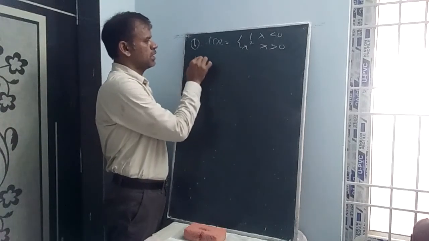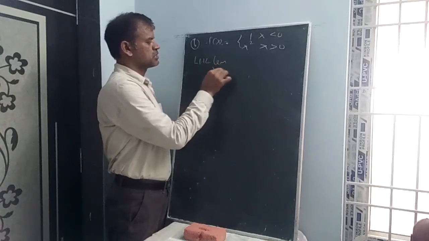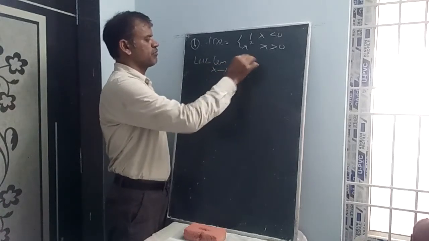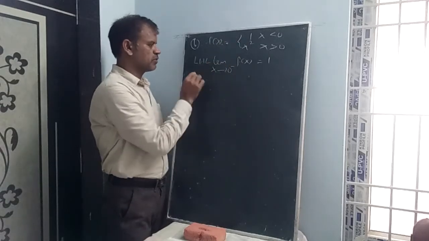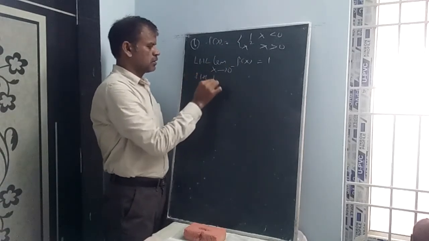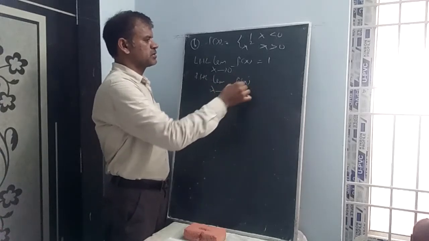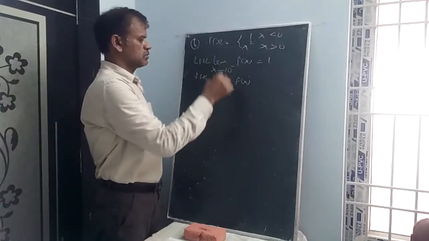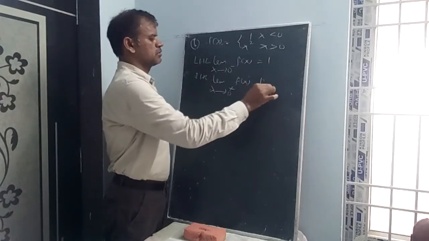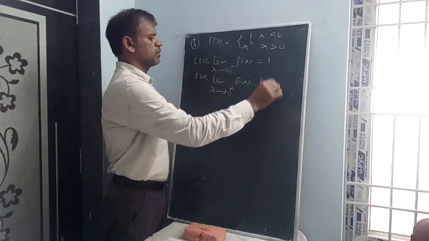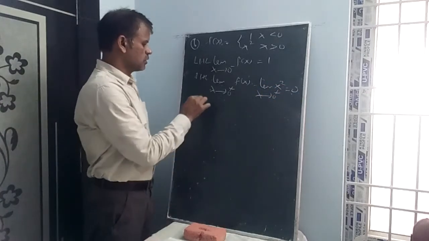First, LHL: limit x tends to 0 minus f of x is simply 1. RHL equal to limit x tends to 0 plus f of x, so x square. Substitute 0 here, it is 0 square, meaning 0.